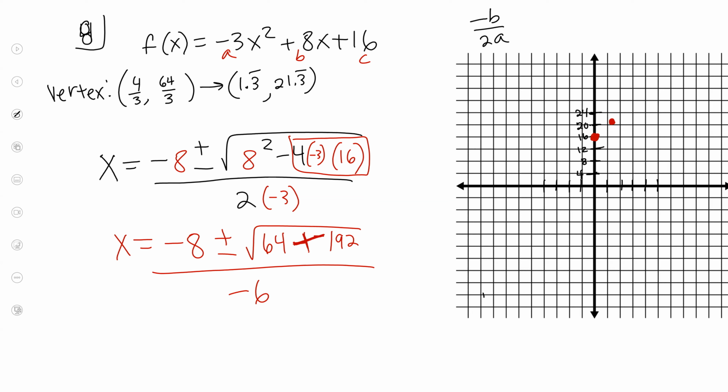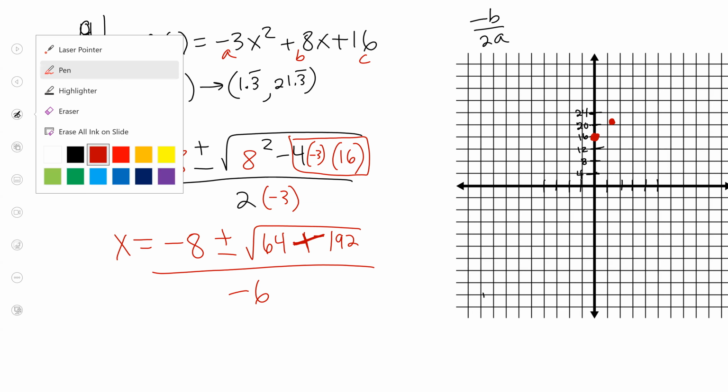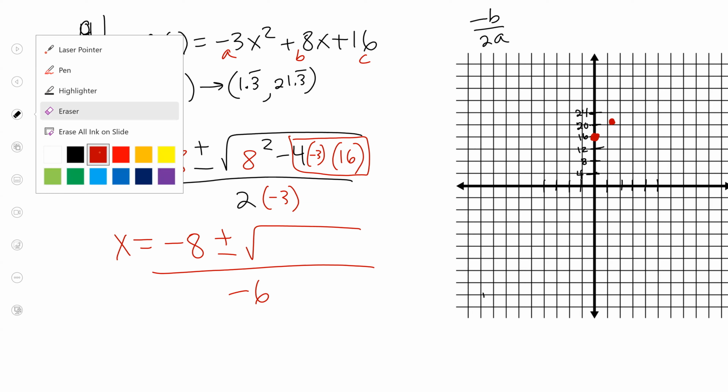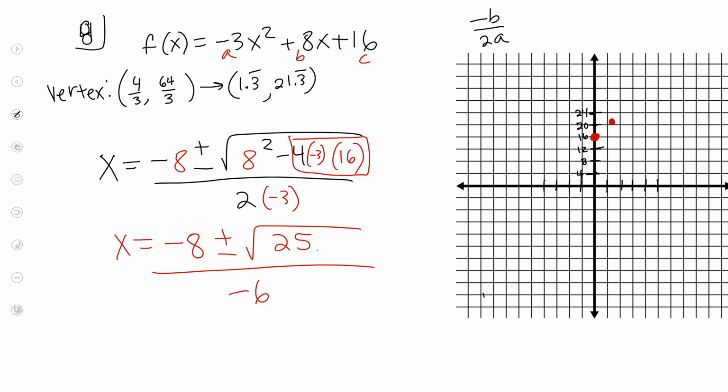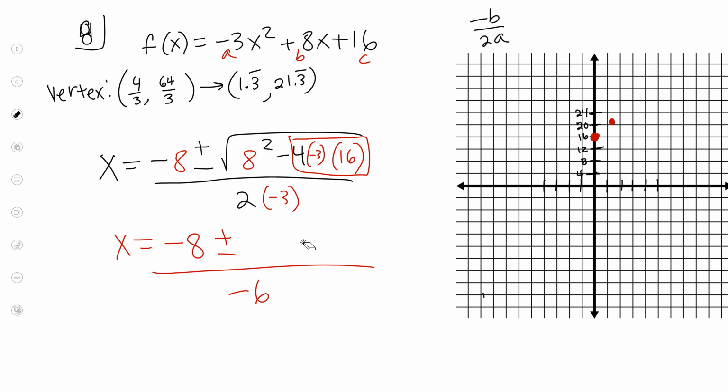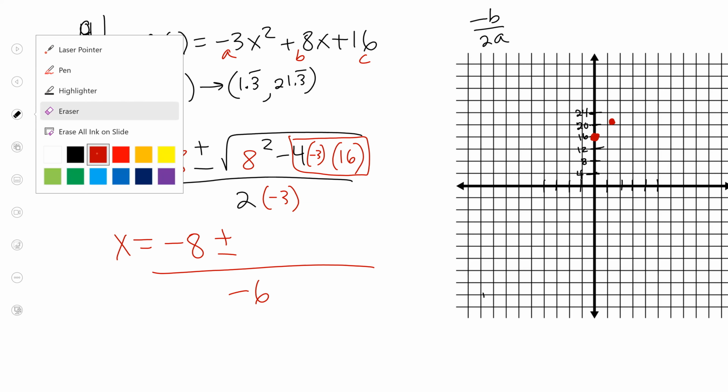So when you add those together, what's 64 plus 192? 256, thank you so much. 256, and what is the square root of 256? 16. Perfect. Okay, so I'm gonna get rid of that and put 16.